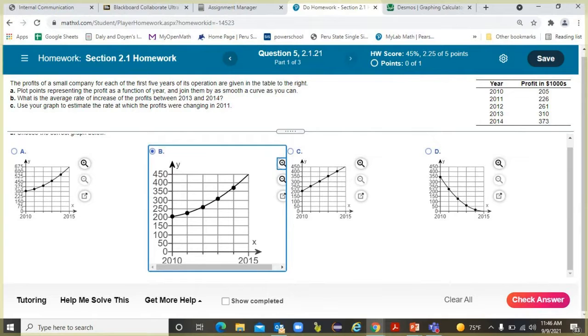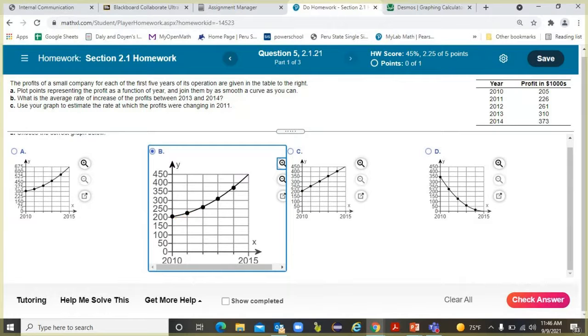So what we want to try to do here is see if we can find the slope of the line at 2011. So it's the tangent line. Remember, a tangent line just hits at that point. So what we can do is, like I just drew the tangent line, you could kind of try to count rise and run there.